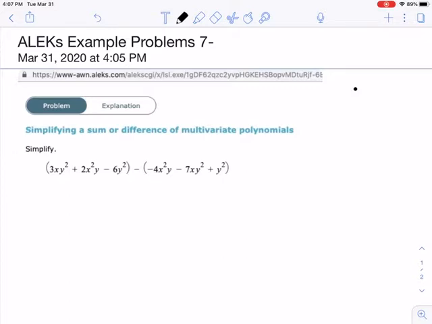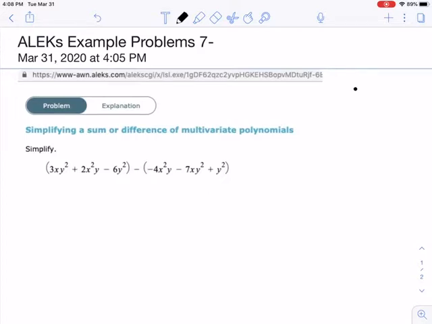So if you look at this, it looks the same as a lot of the problems we have, with the exception that it's multivariate, meaning there's more than one variable in this. So you don't have just x's or just y's, you have x's and y's together. The trick to doing these is you want to make sure that the part of the monomial that is next to the coefficient looks exactly the same.